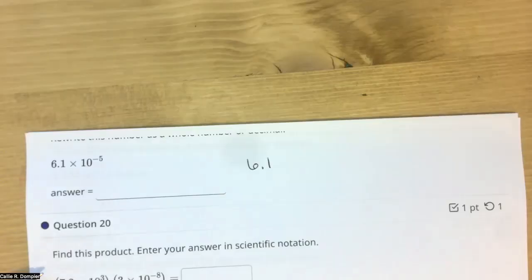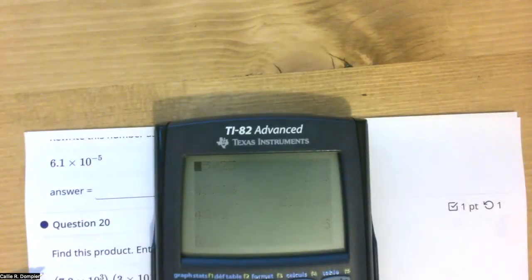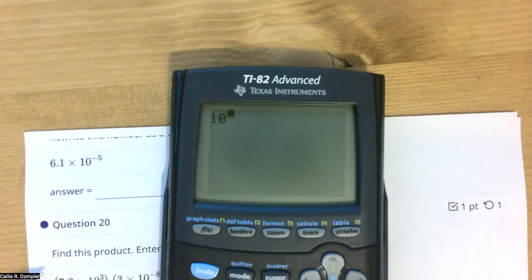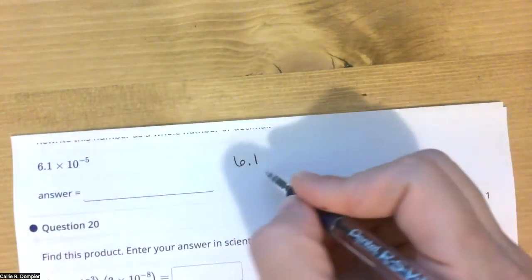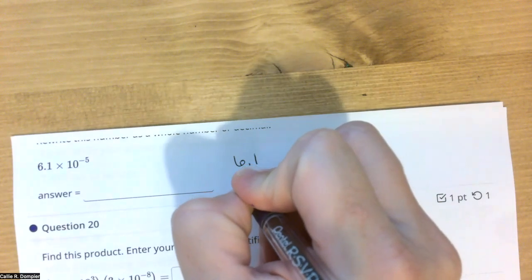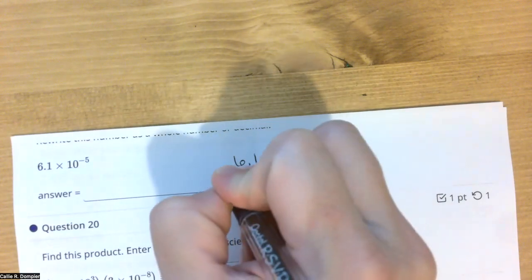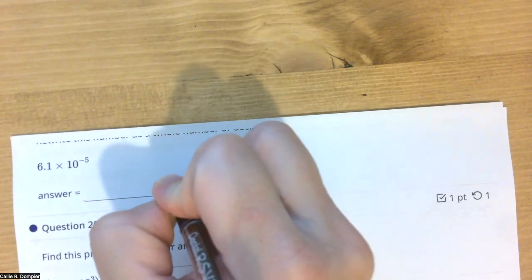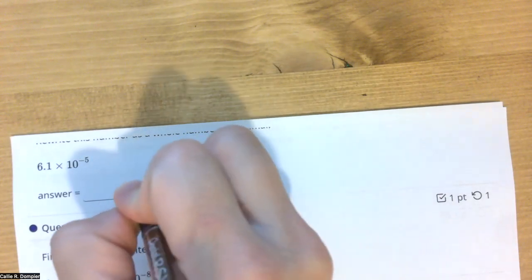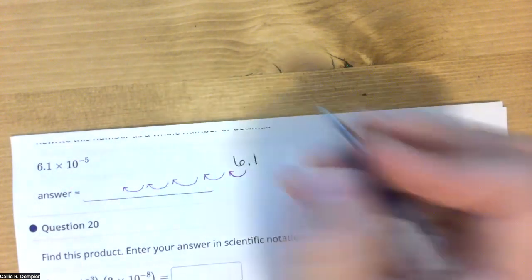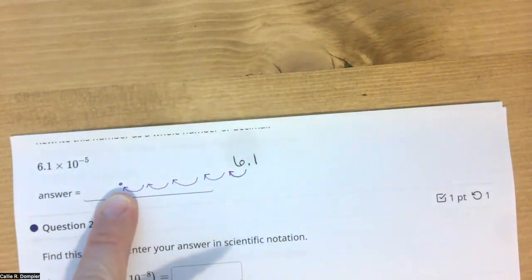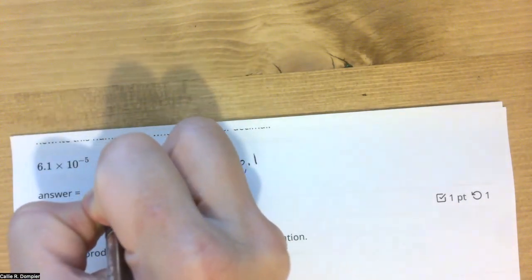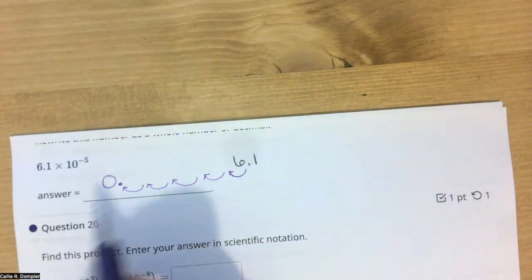I can do it on my calculator. 10 to the power of -5. -5 means we're making it smaller, so we're going to move 5 in this direction. 1, 2, 3, 4, 5. Okay, that's where my decimal point goes.